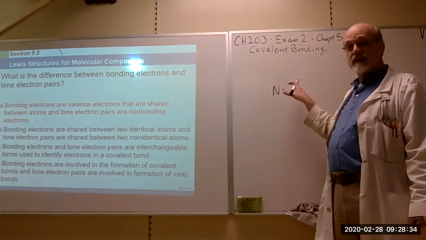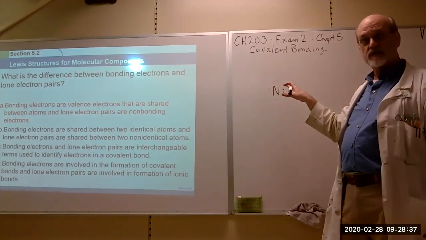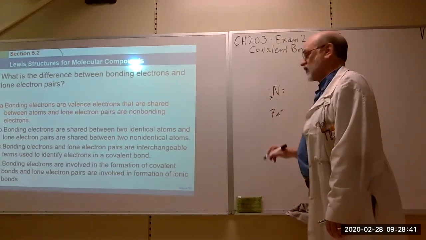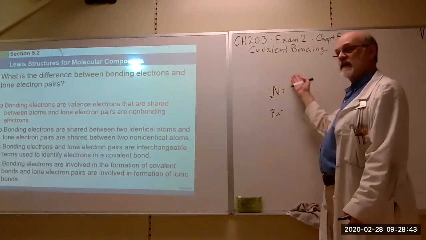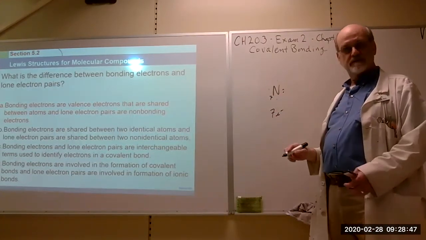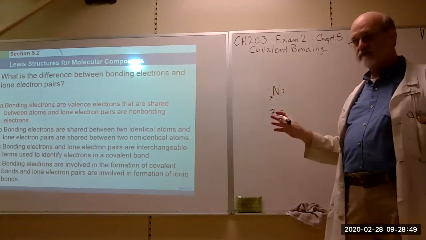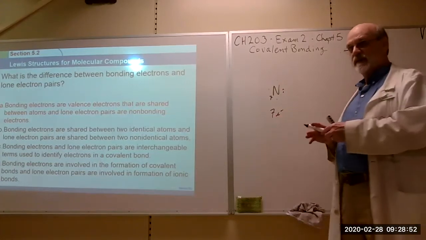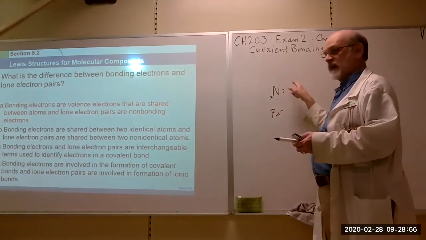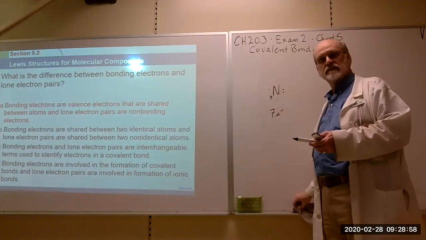Now that's not all the electrons in nitrogen, right? Because we know that with 7 protons, it has 7 electrons. We're only accounting for the valence electrons. The other 2 are the core electrons, right? And they're not involved in bonding in any way. So we don't note them in this Lewis model, okay?